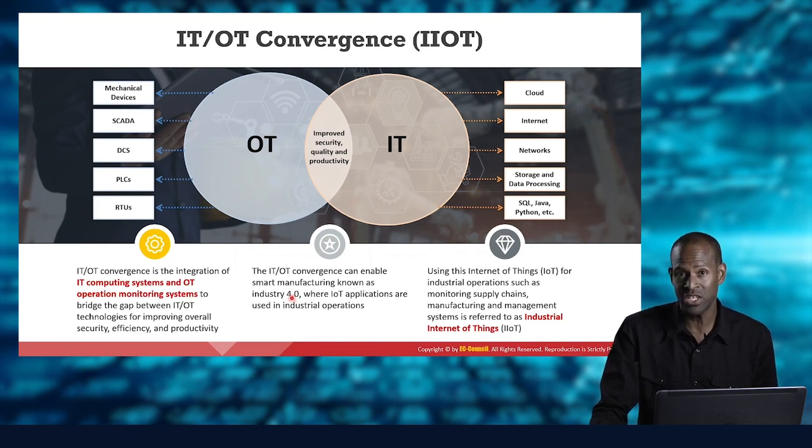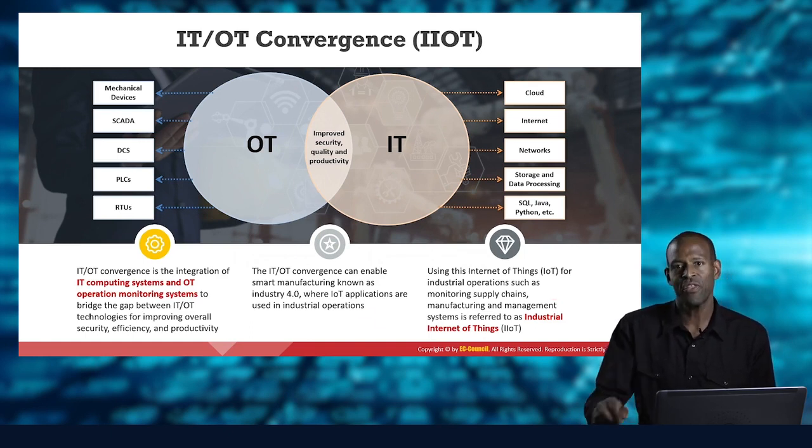And there are many other industries and automotive lines and airplane lines and so on that are in Industry 4.0, where we have these OT and IoT devices and methodologies woven into the manufacturing. So this is a convergence we're talking about. They're moving closer together. And we have the idea of IoT for industrial operations, monitoring supply chains, monitoring manufacturing and management systems. And that comes out to IIoT, the Industrial Internet of Things.